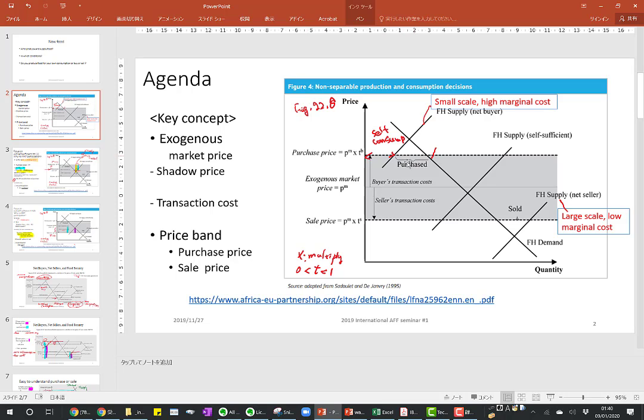Both not buy, not sell. Technically, this household doesn't participate in the market, no participation in the market.